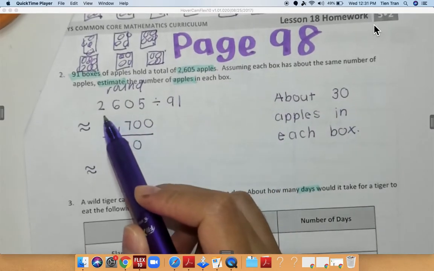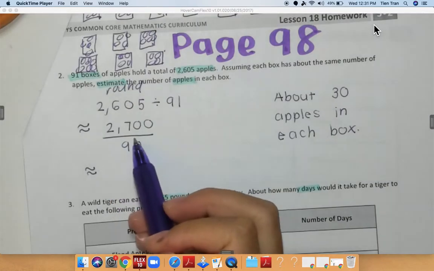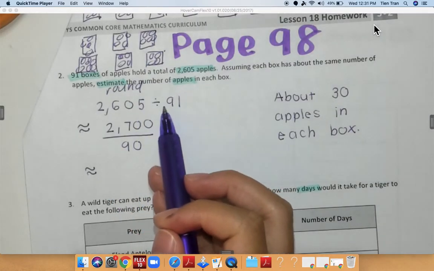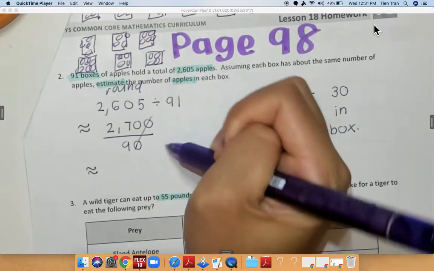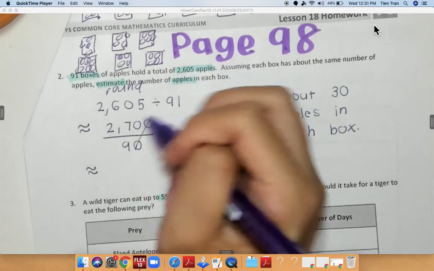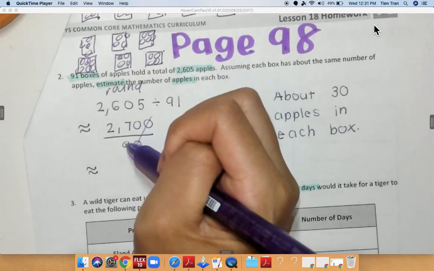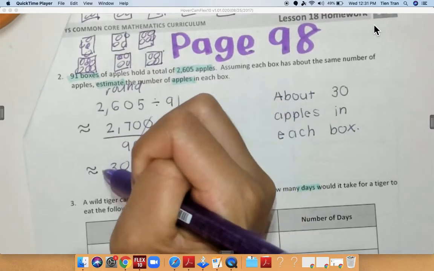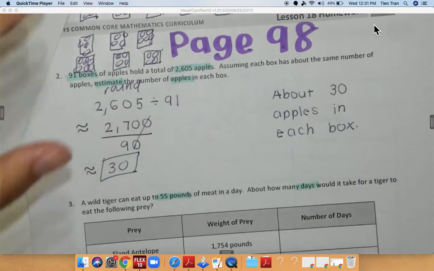So we have 2,605, and I'm rounding that to 2,700, and I'm dividing that by 90 so that it's an easier number to divide. 0 divided by 0 is equal to 0, so I don't need to write that down. 270 divided by 9. 27 divided by 9 is equal to 3. Add my 0, and approximately I have about 30 apples in each box.